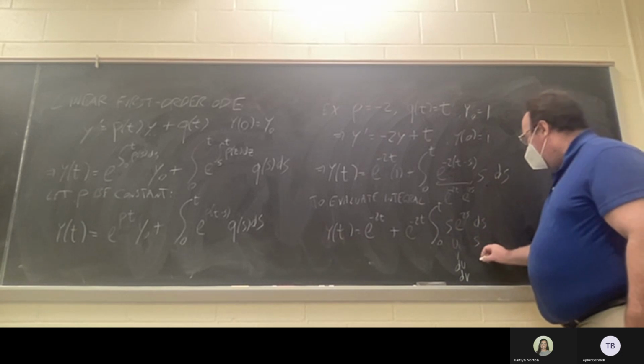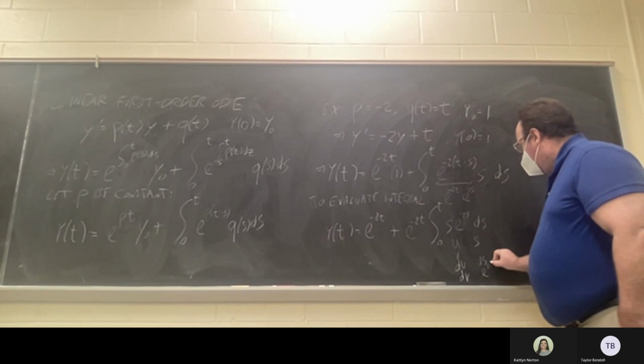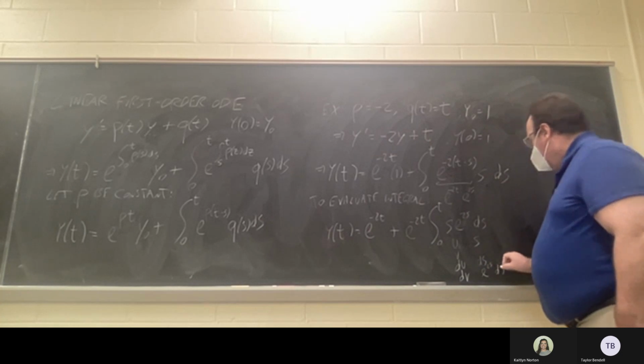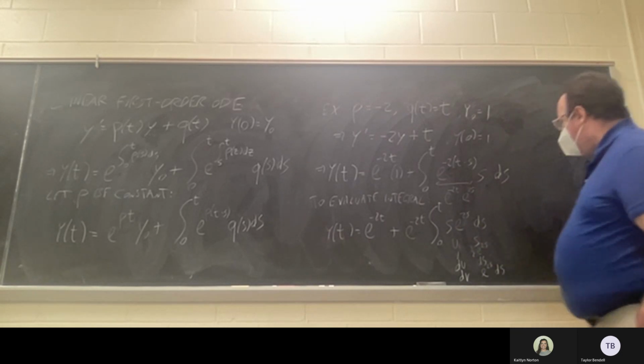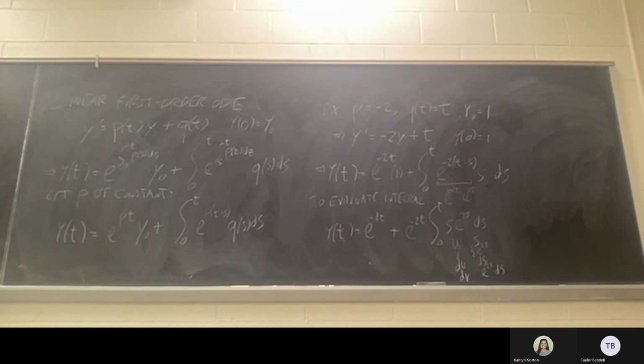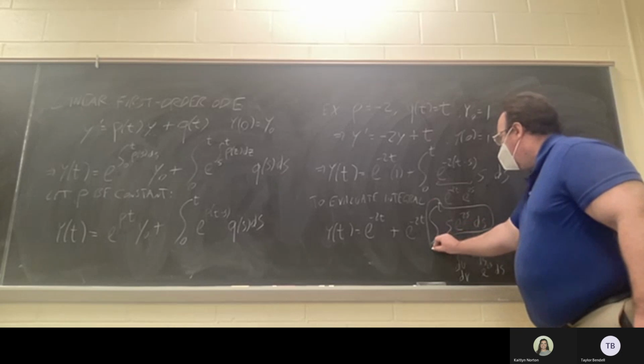So u would be s, then du is ds, and then dv is e to the 2s ds, and v would be 1/2 e to the 2s. So those are the pieces for our integration by parts. So I'm going to focus only on this.